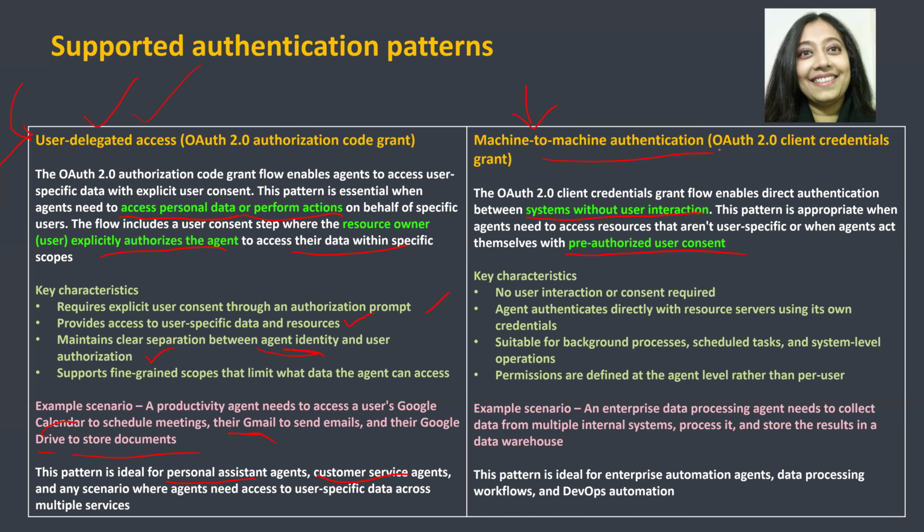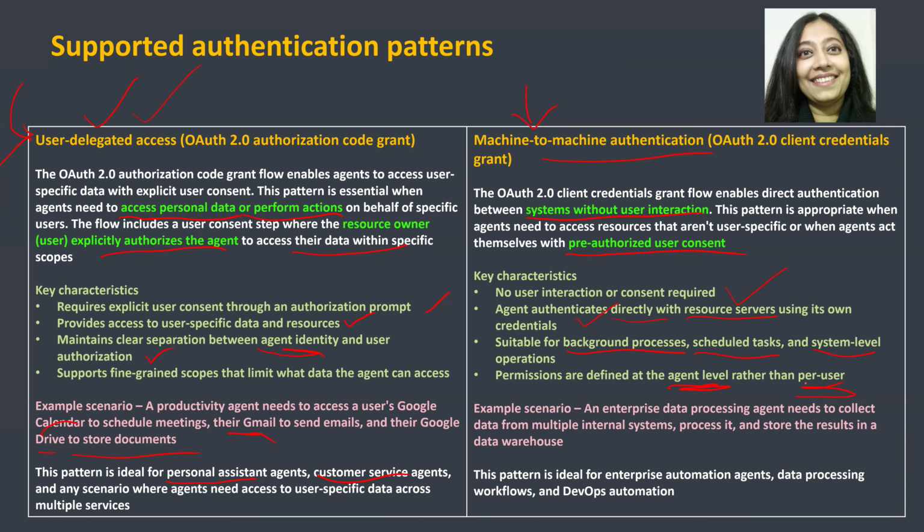The key characteristics of this are, of course, no user interaction or consent required. The agent authenticates directly with resource servers using its own credentials, suitable for background processes, scheduled tasks, and system level operations, and permissions are defined at the agent level rather than at a user level.